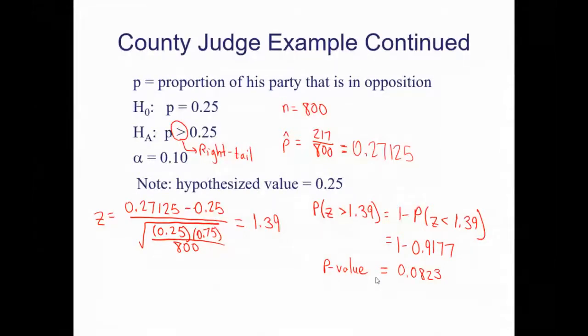Now, what was the alpha we had to use? 0.10. How does the p-value compare to the alpha? It's less. So since the p-value is less, what can I do?